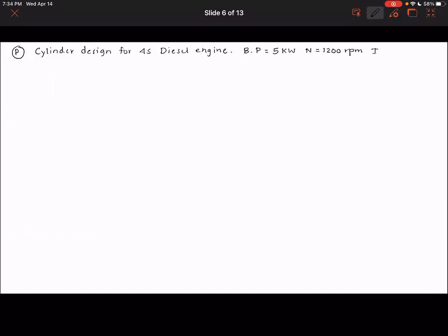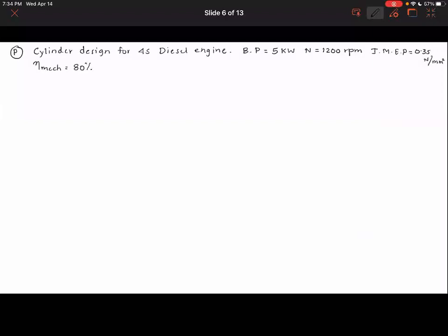and indicated mean effective pressure IMEP is 0.35 Newton per millimeter square, and mechanical efficiency is 80%. So 80%, 75 to 85 is the percentage of mechanical efficiency.